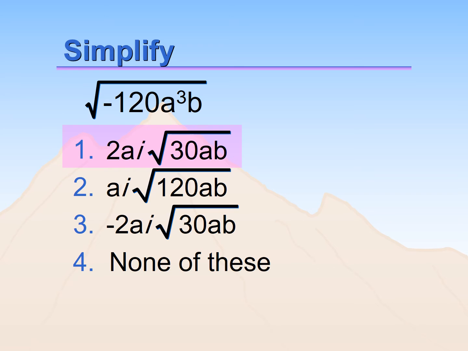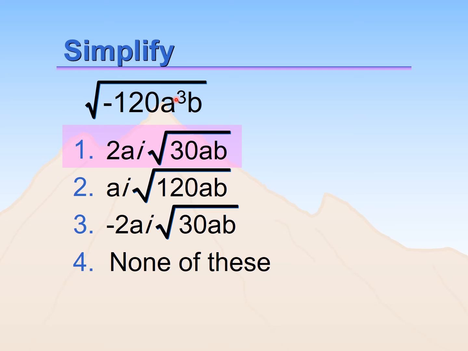So the 2 squared breaks out, right? And so then you have 2, and then the -1 becomes your i. The 3 and the 5 stay inside, and then you have another 2 on the inside as well. So 15 times 2 is 30. So that's how you get the 30 here.